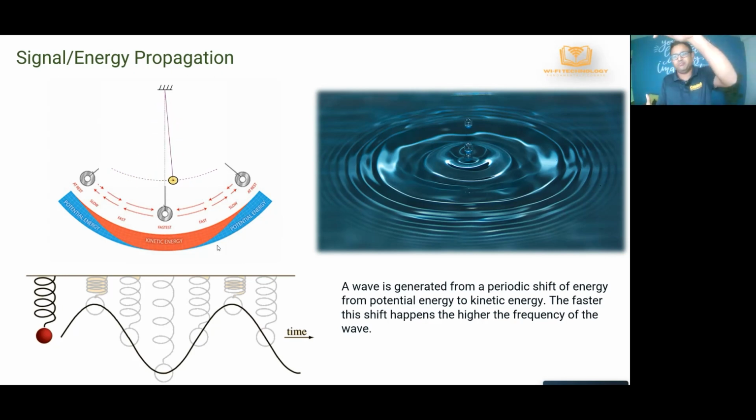It basically stops at a point where it has maximum potential energy, and then goes down in the form of kinetic energy, and that process keeps continuing. That's how energy is normally transmitted from any point to any point in the form of waveforms. That's my best explanation that I can think of.